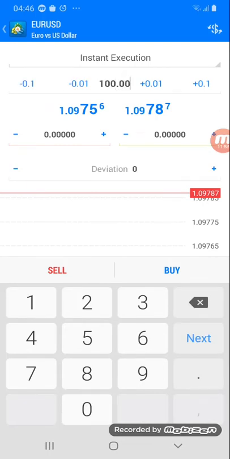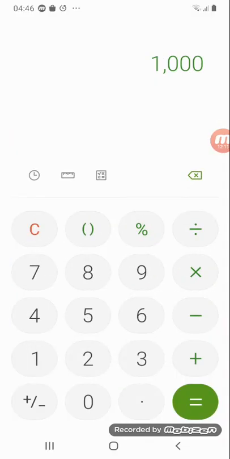So with this account I'll have to open 100 lot sizes times 10 of them to make up 1,000. That's in regards to lot sizes.